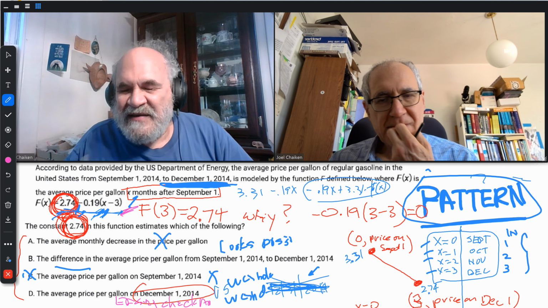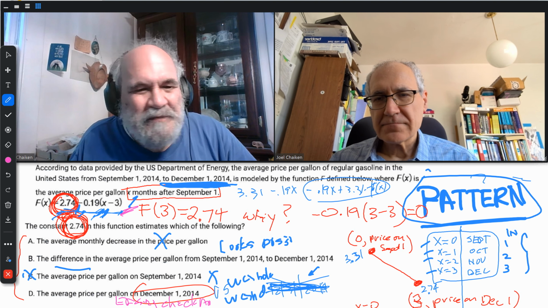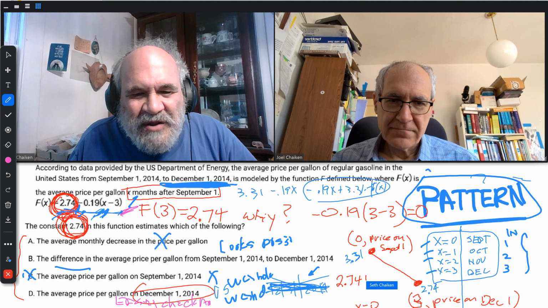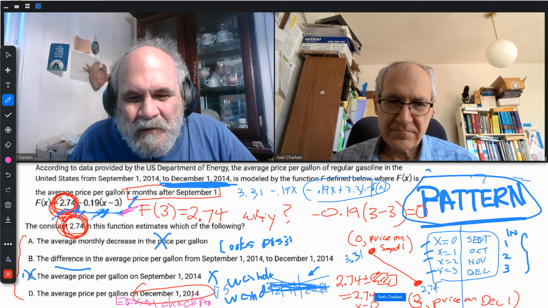The fact that if you have 2.74 plus or minus anything, this equals 2.74 when this anything junk equals 0.